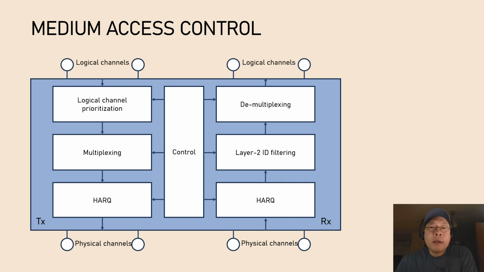Layer 2 ID filtering identifies the correct bearer, and the demultiplexing separates data for each logical channel. At the center, the control block coordinates all these functions, managing scheduling, reporting, and timing control between the transmitter and receiver. Together, these components ensure reliable and efficient data transfer in the MAC layer.